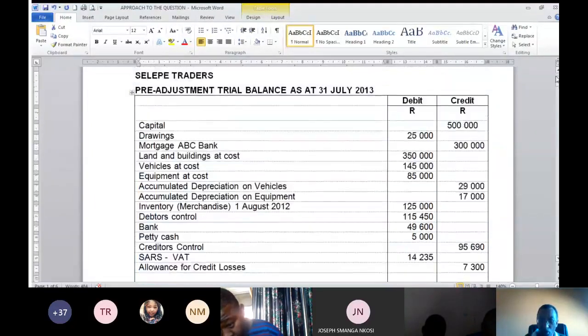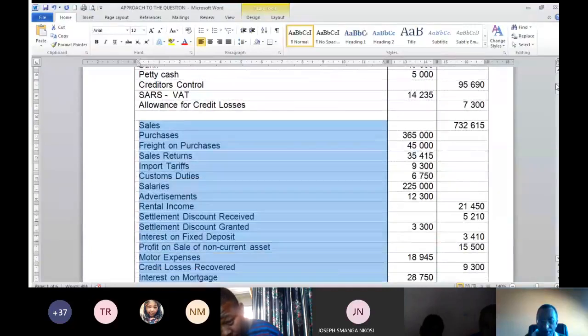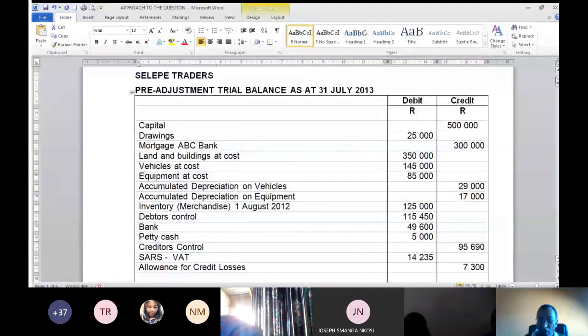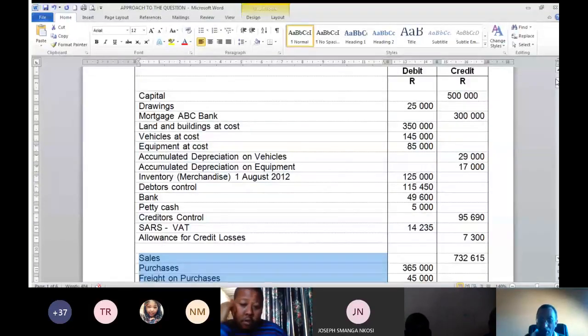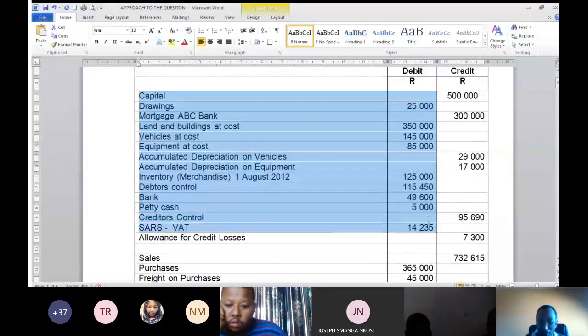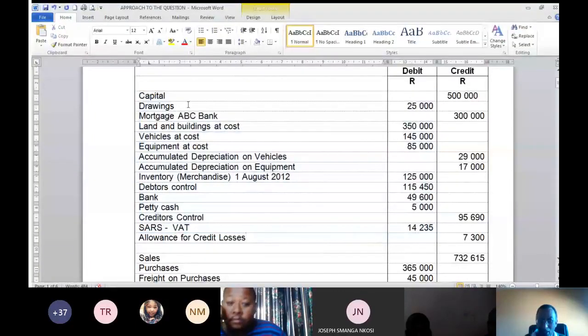So when you do the statement of profit and loss and other comprehensive income, you only work with your income and your expenses, so you only work with your nominal accounts. When the question asks you to do the statement of financial position, then you must show only your financial position accounts. The assets, the equity, the liabilities, you are going to work with that.